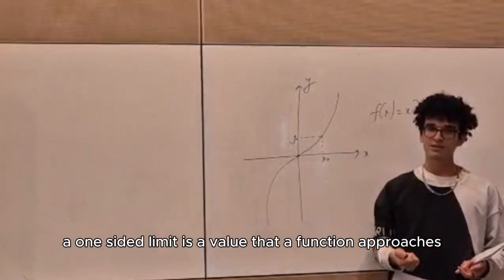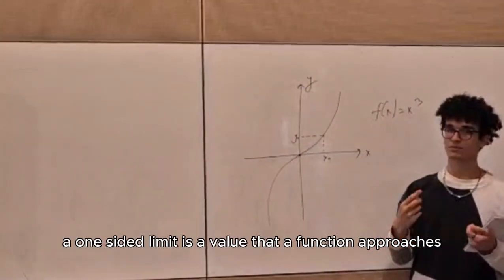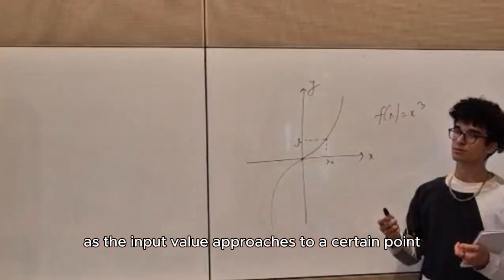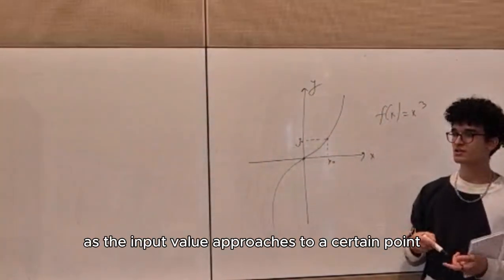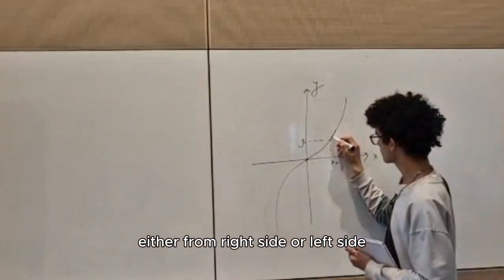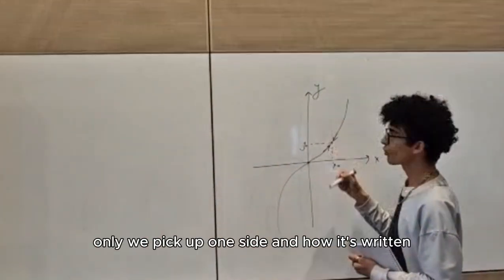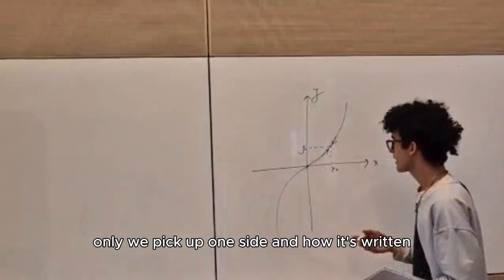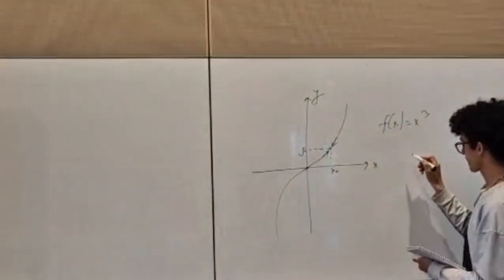A one-sided limit is a value that a function approaches as the input value approaches a certain point, either from the right side or left side. Only we pick up one side. And how is it written?